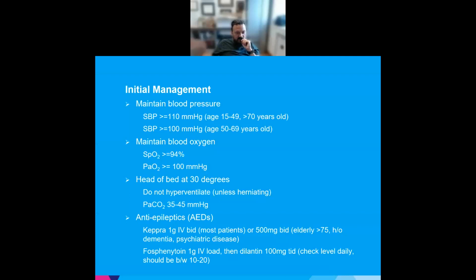So, again, this comes more from our TBI literature, but we want to make sure that, in general, our patients are not hypotensive. In most patients, it's going to be a systolic of greater than 90. In TBI, we generally will keep them a little bit higher if they're severe TBI. So these, again, are severe TBI numbers.